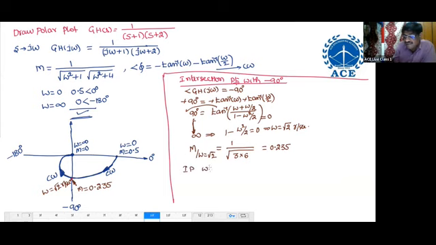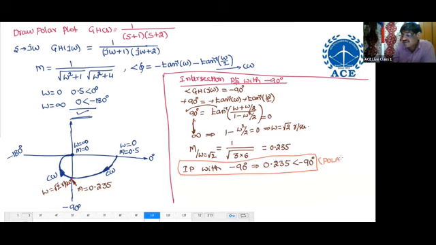The intersection point with minus 90 degrees is 0.235 angle of minus 90. This is in polar coordinates.